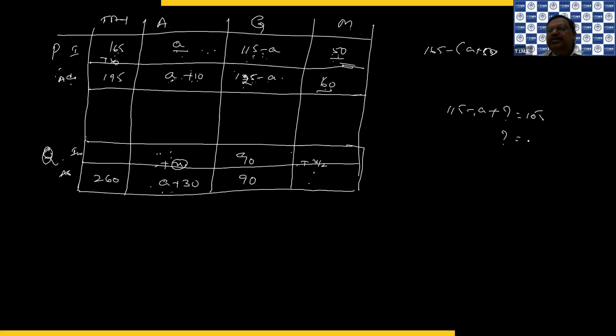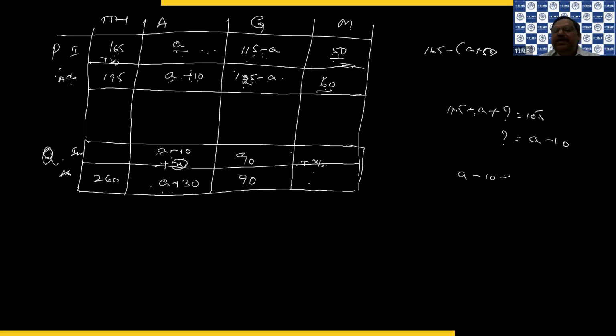It goes to the other side: minus A goes over, plus 115 goes to the other side, 105 minus 115 will be minus 10. So that means this is A minus 10. Students, now automatically you are getting the X value or not? A minus 10 plus X is A plus 30, so what is X?